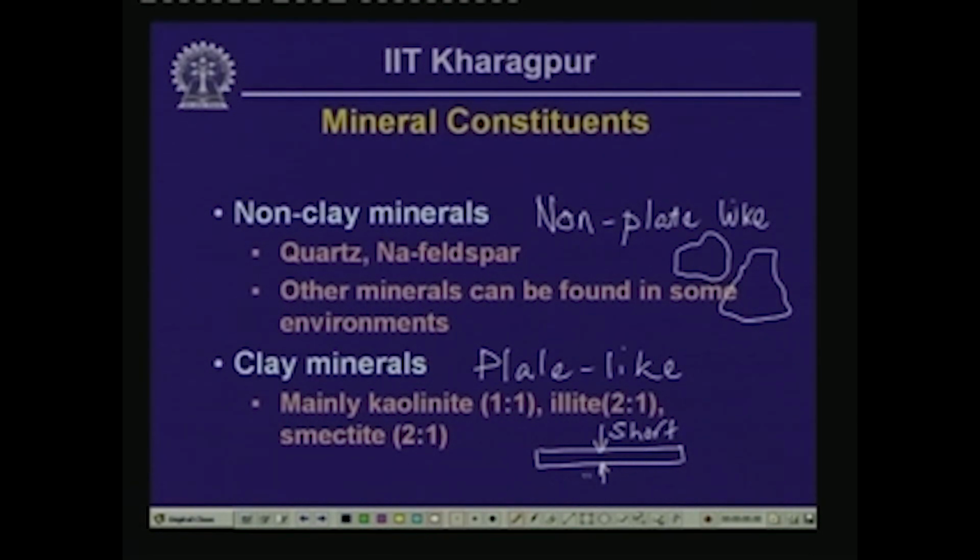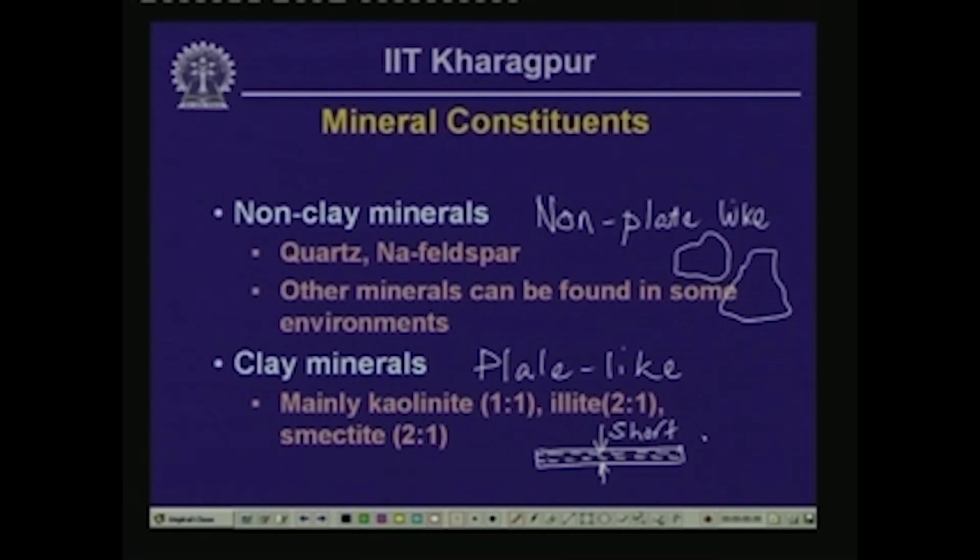And the clay minerals typically develop negative surface charges because of chemical substitution of cations, and that is why they develop negative charges, whereas the charge density on non-clay minerals is much smaller.